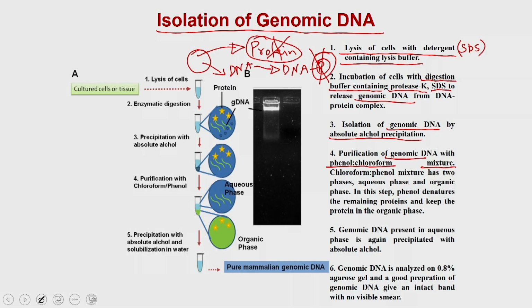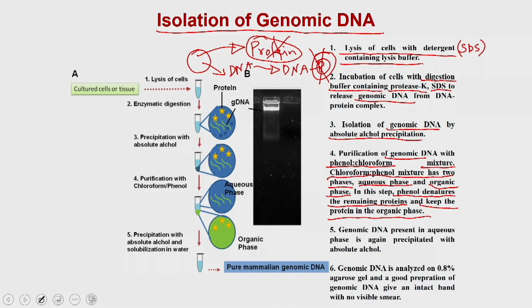Once you add the phenol chloroform mixture, what will happen is that the mixture has two phases. You are going to have an aqueous phase and an organic phase. The phenol present in the phenol chloroform mixture is going to denature whatever remaining protein is present and keep the protein in the organic phase, whereas the aqueous phase is going to have the DNA.